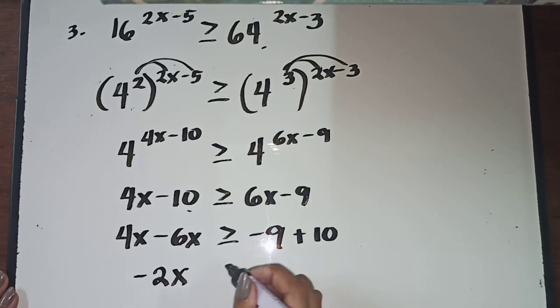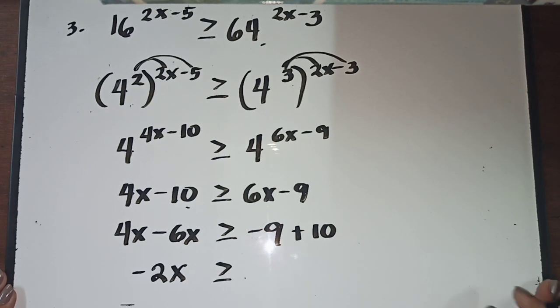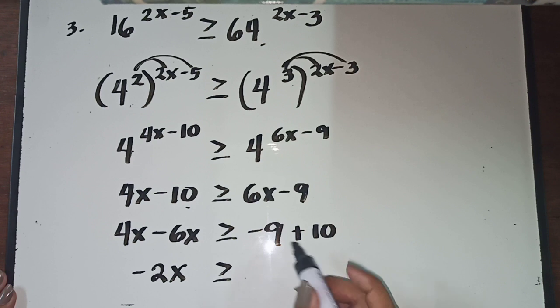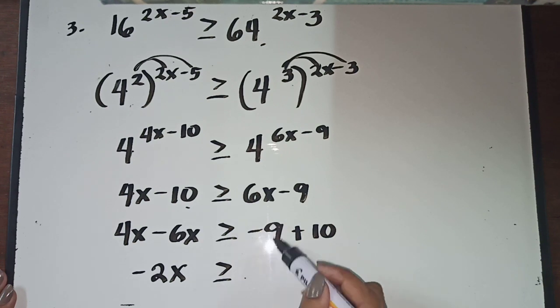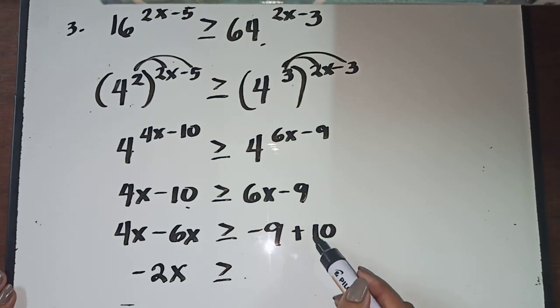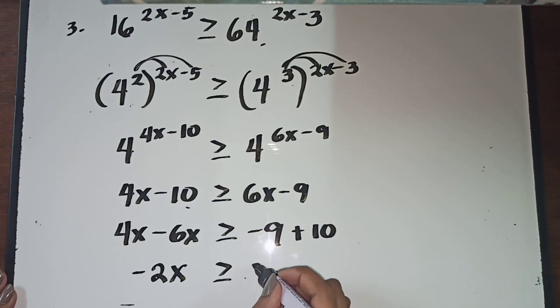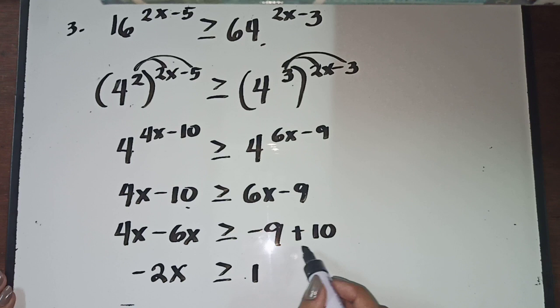Okay, so negative 2x is greater than or equal to negative 9 plus 10. So meron akong utang na 9 at meron akong perang 10. So meron pa rin akong matitirang piso. Okay, so negative 9 plus 10 is positive 1.